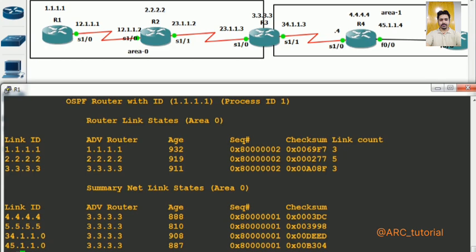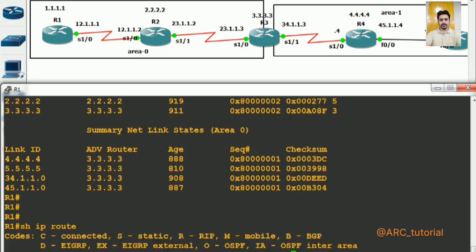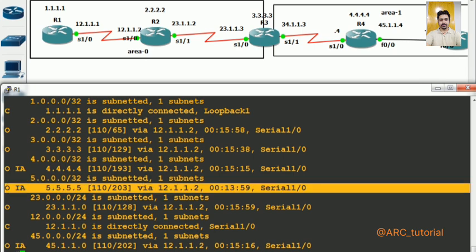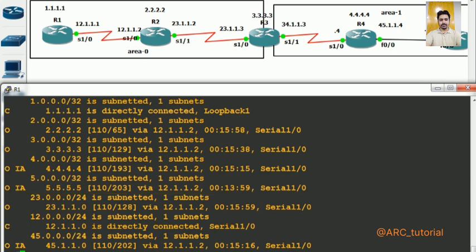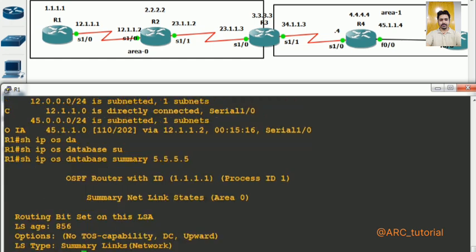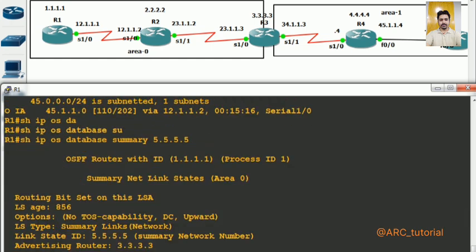So now on R1 also you can have some inter-area prefixes like the loopback of R4 as well as R5. So this time, what is the cost to reach the loopback of R5? 203. But if you open this LSA, show IP OSPF database summary for 5.5.5.5, it is showing you what the metric is.